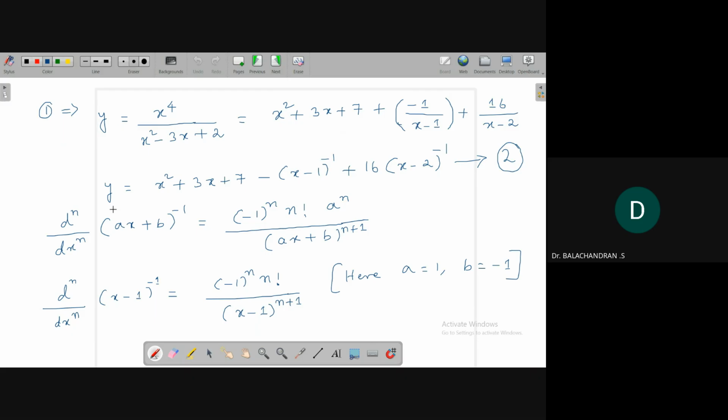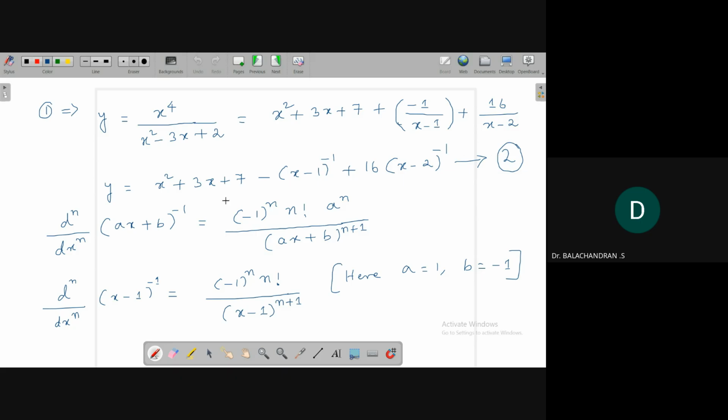So y is equal to x square plus 3x plus 7 minus (x minus 1) whole power minus 1 plus 16 into (x minus 2) whole power minus 1. So I'll take this as equation number 2.